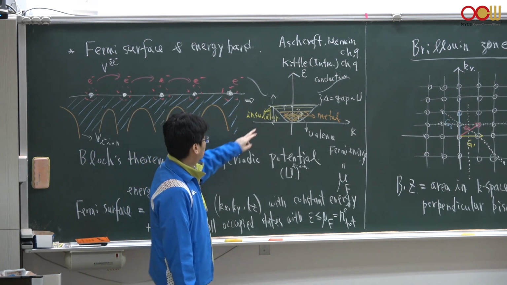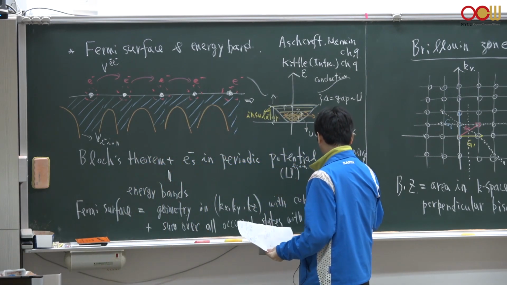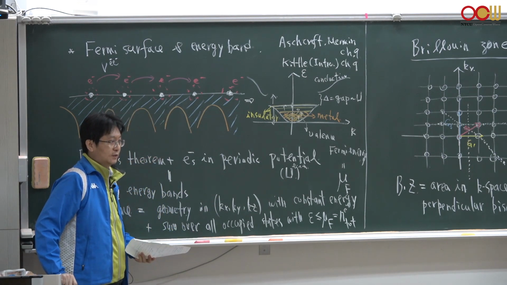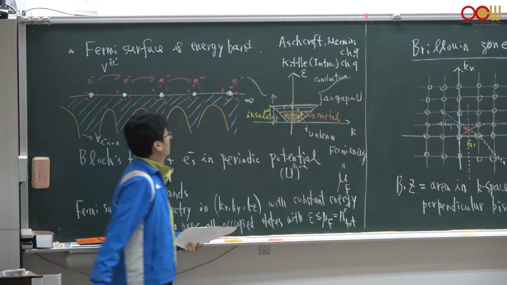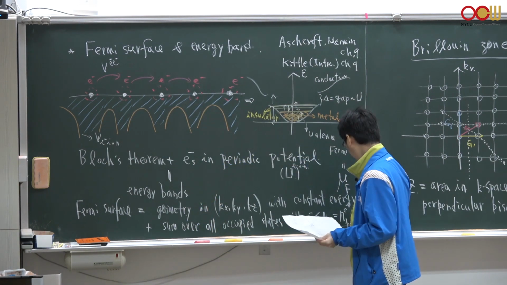So when you sum over all these occupied states, you get the total number of energy levels that are fully occupied, and you multiply this number by 2, you get the total number of electrons.